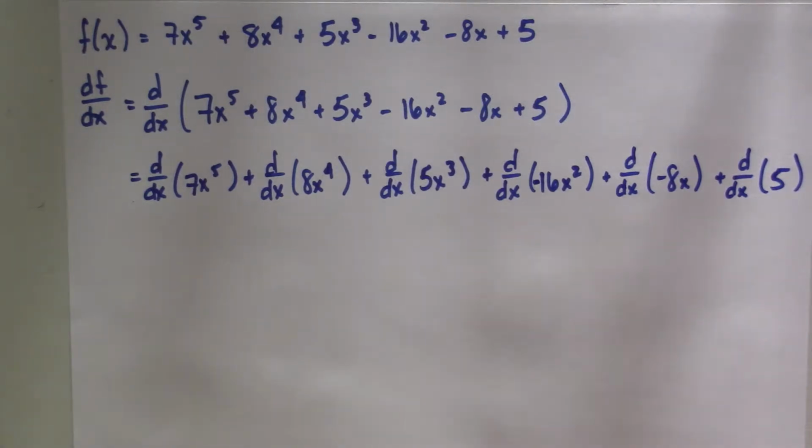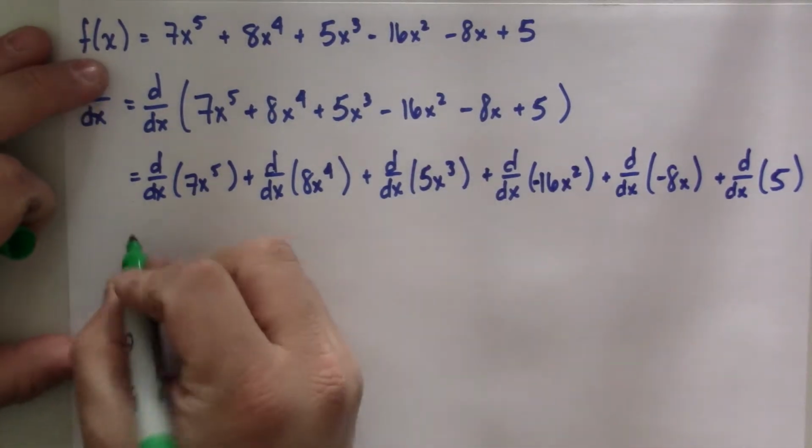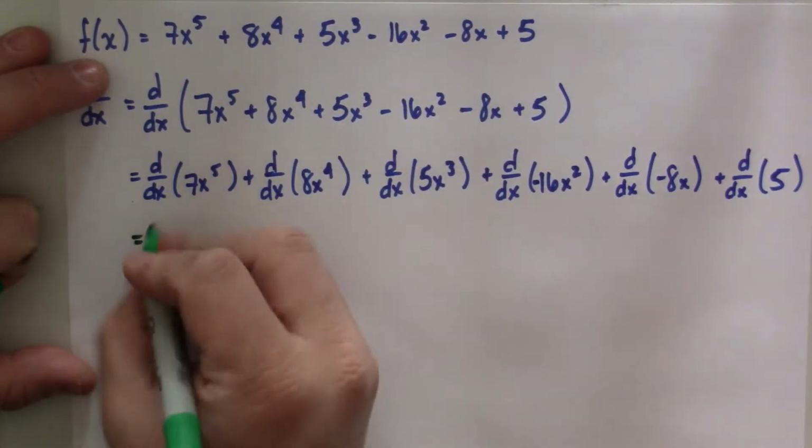Now, the sum rule says I can do that. The constant multiplication rule says that I can do this.